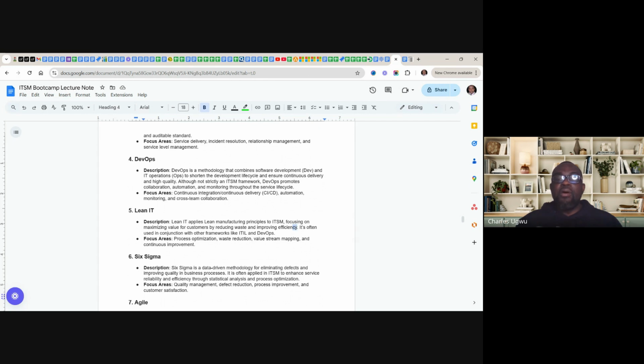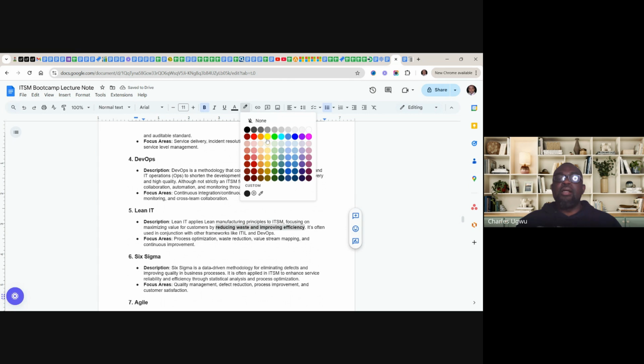Lean is a very powerful framework. If you understand Lean very well, organizations are always looking at applying Lean in what they are doing, so people who have good knowledge of Lean are very well sought after.